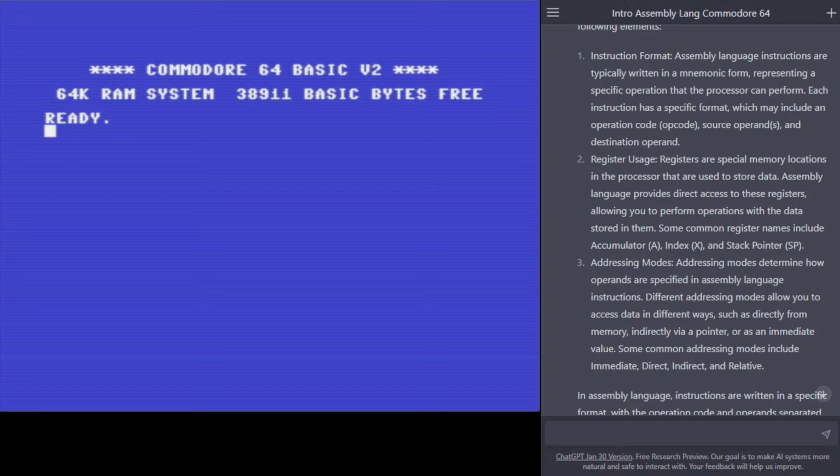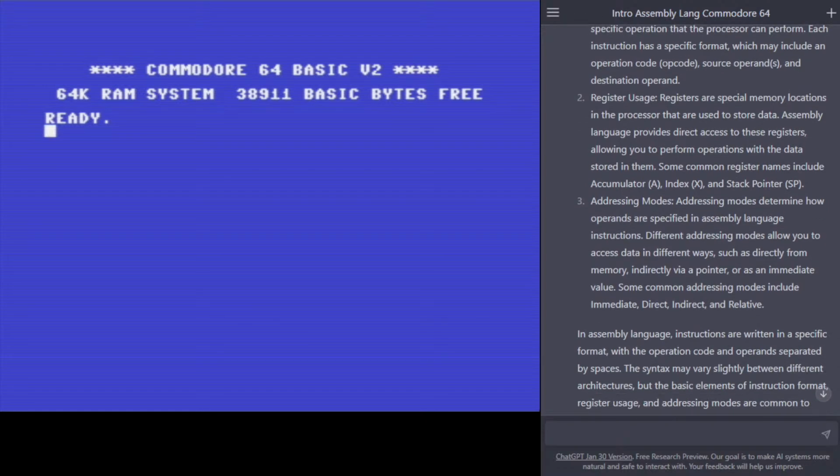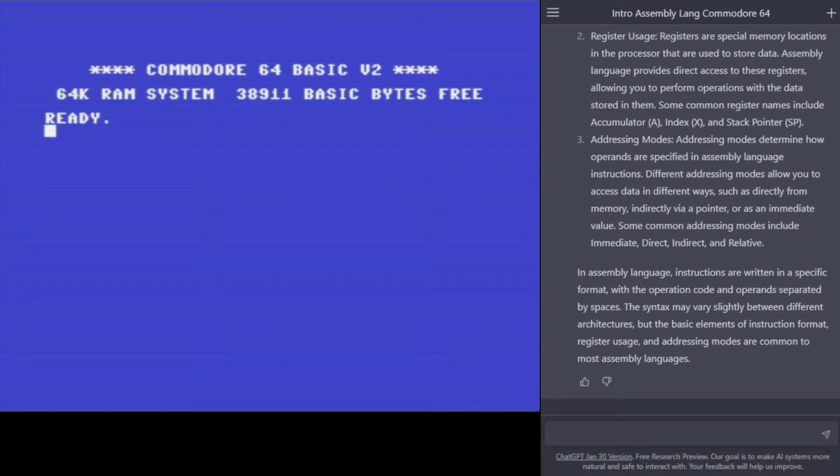Addressing modes. Addressing modes determine how operands are specified in assembly language instructions. Different addressing modes allow you to access data in different ways, such as directly from memory, indirectly via a pointer, or as an immediate value. Some common addressing modes include immediate, direct, indirect, and relative.